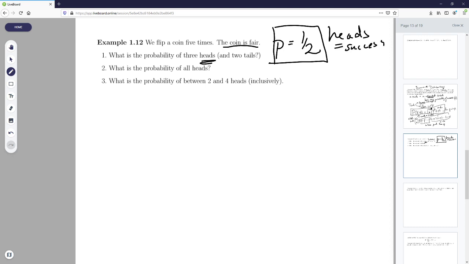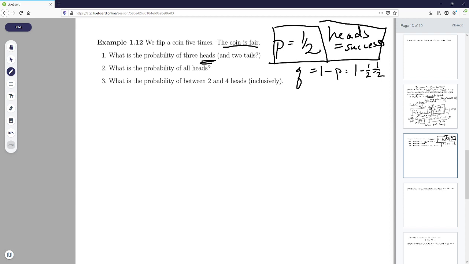Of course, in a different problem, heads could be failure. It doesn't really matter as long as something is defined as success and something is defined as the other thing. So in this case, we're going to define the probability as 1/2. That also means that Q is equal to 1 minus P, which is 1 minus 1/2, which is 1/2. Not surprising.